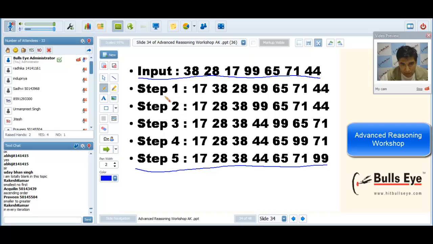Like in the step 1, the smallest number comes ahead and rest everything remains same. In the second step, the second smallest number, which is 28, comes ahead and everything else remains same, and likewise. So this has to be followed stepwise, that is one at a time. Uday, it is okay? Okay, we go to the next slide now.